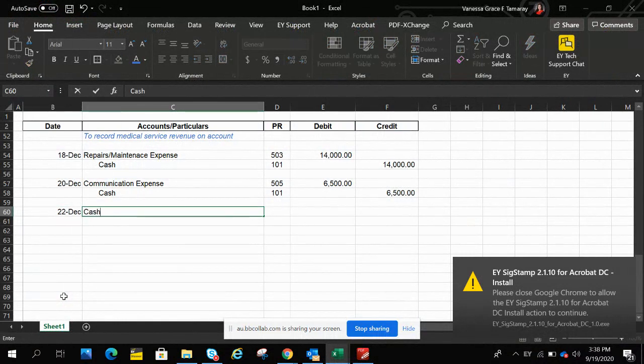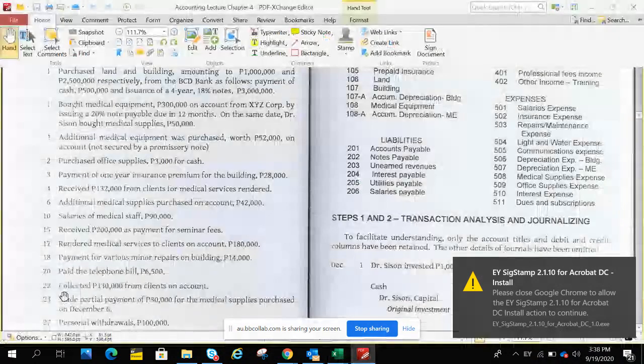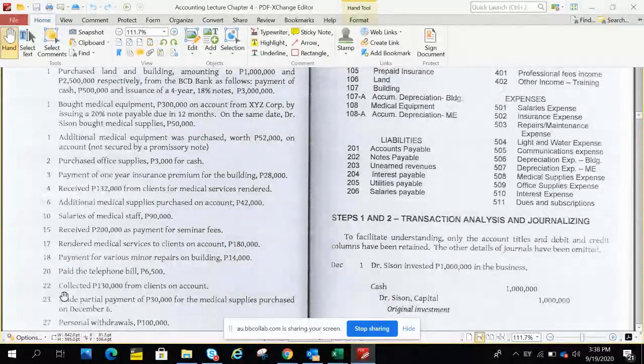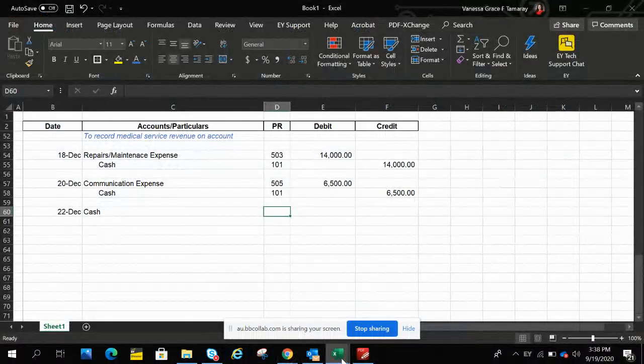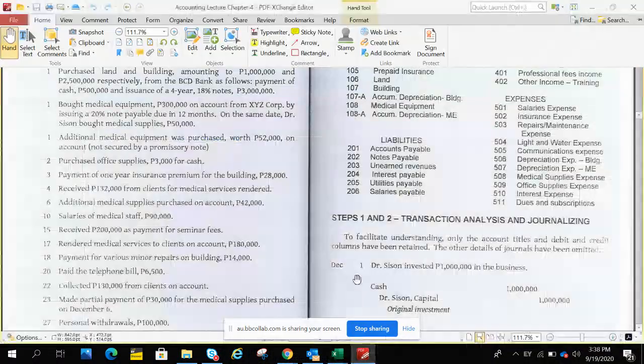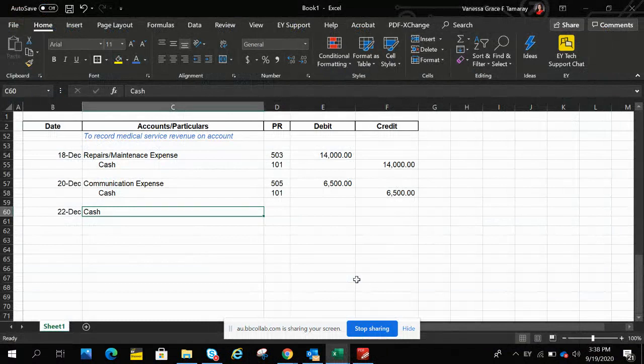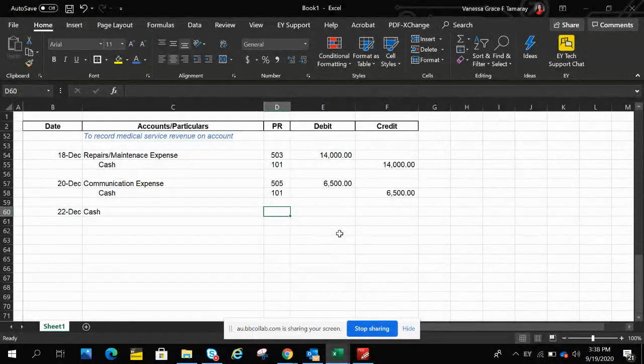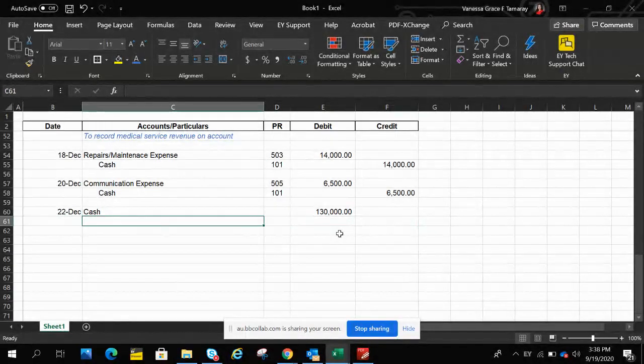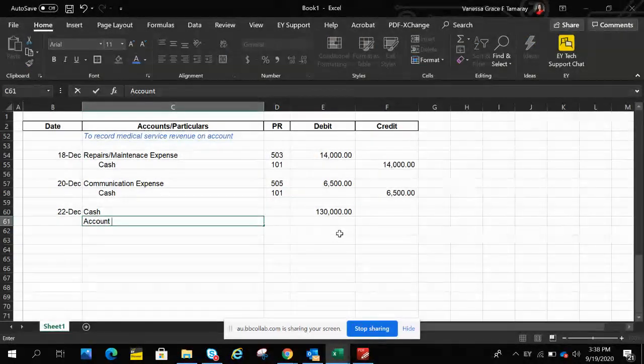Debit cash, 130,000 pesos. Thank you. Credit accounts receivable.